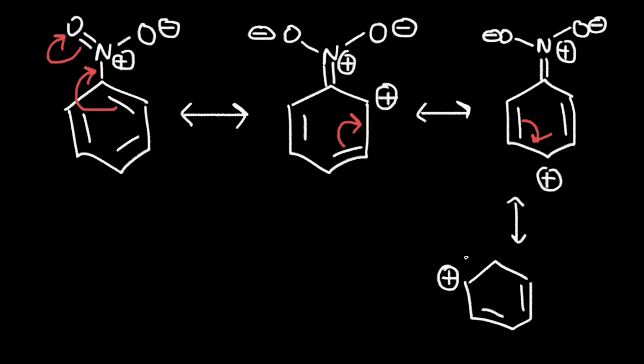Putting the positive charge on this carbon, and then if we wanted to, we could reform the structure that we had up here just with the double bonds in the ring in the alternate positions. So the electron pair is going to come down, this bond is going to break and move to there.